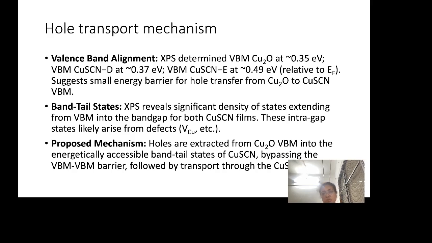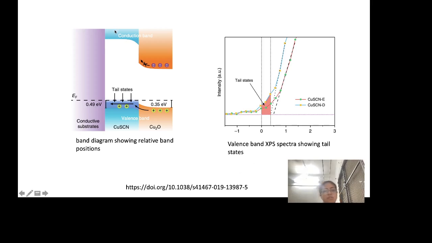The mechanism proposed by the paper is that from Cu2+, the holes go into the more energetically accessible band states of the thiocyanate, bypassing the barrier between the two band maxima, and then continue into the thiocyanate layer.